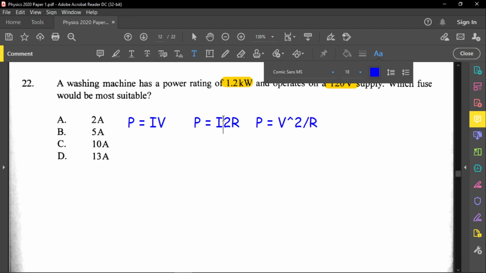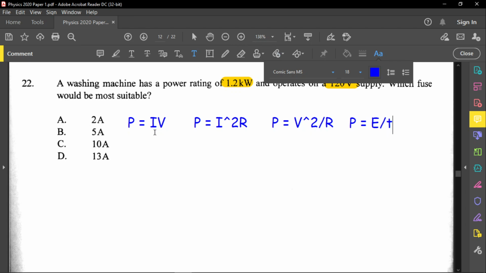Let me put this in too, so you won't be confused by looking over this. So it is I squared times R, and it is also equal to V squared over R. And power can also be equal to energy over time, which means electrical energy over time. All right, so those are some formulas that you can use to calculate power.